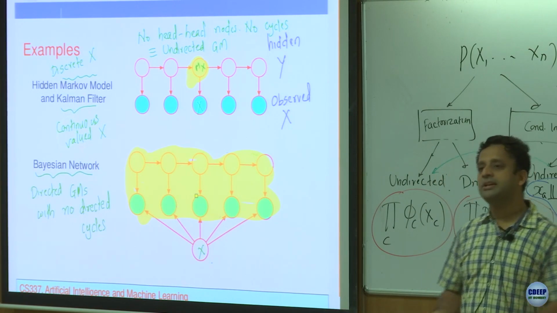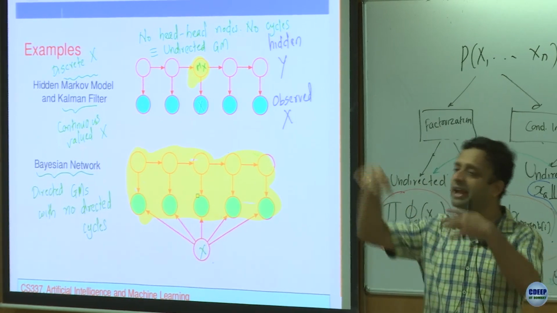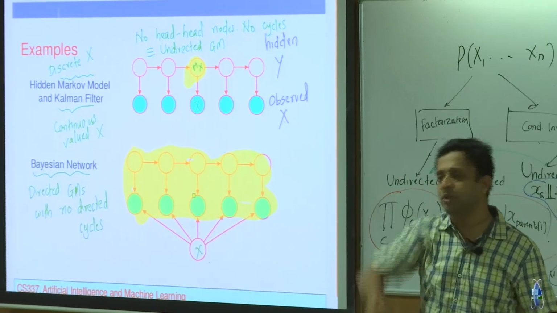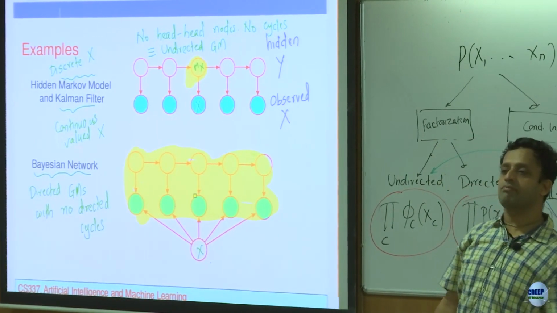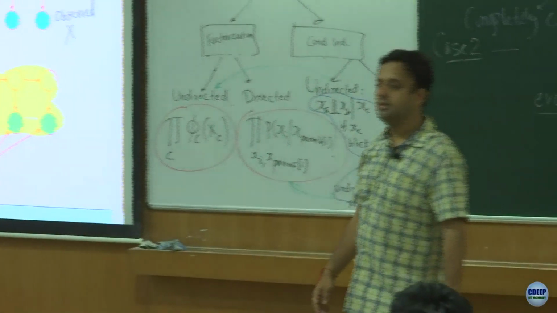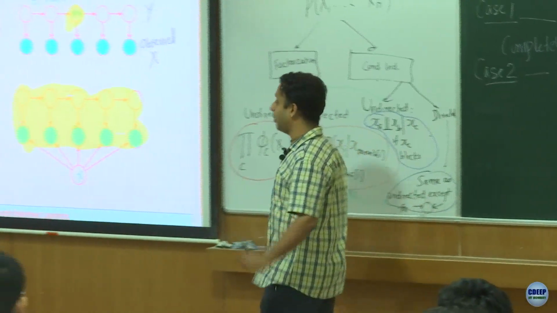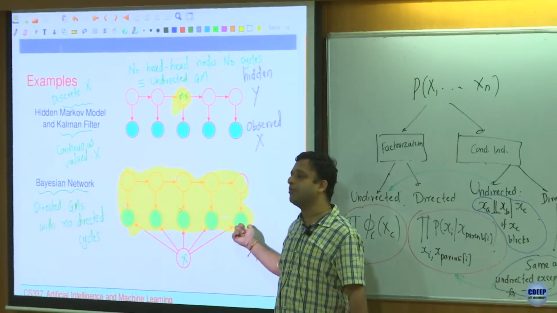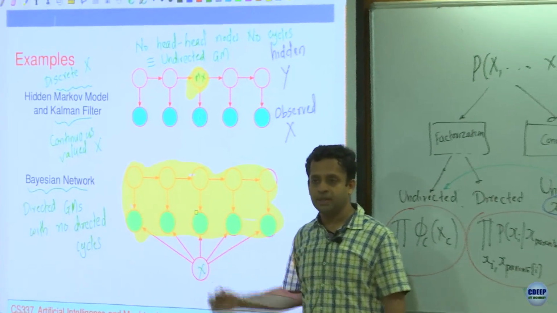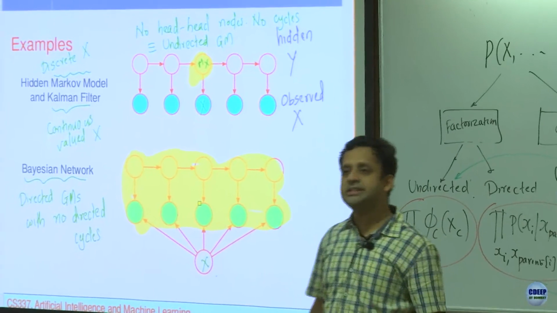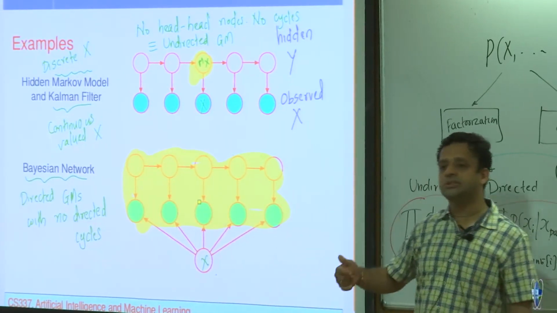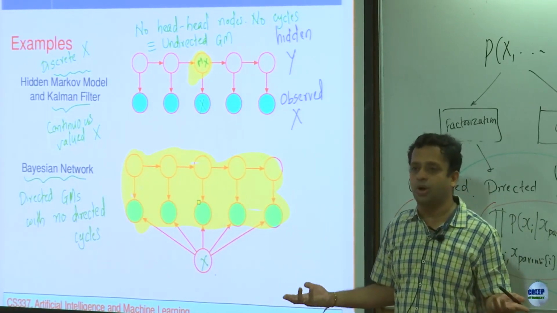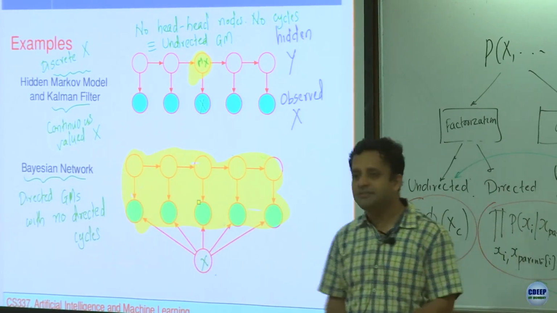So a Markov blanket is that which blocks information from every other node outside the Markov blanket to the node X. Right. Now, should every node include a node in the Markov blanket or not? That's your question, right? Obviously not, because the Markov blanket itself is going to block.